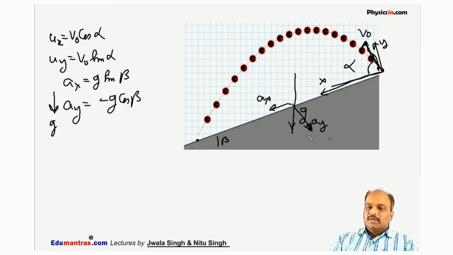So ay is negative. I am assuming this direction as positive and the x-axis in this direction as positive.